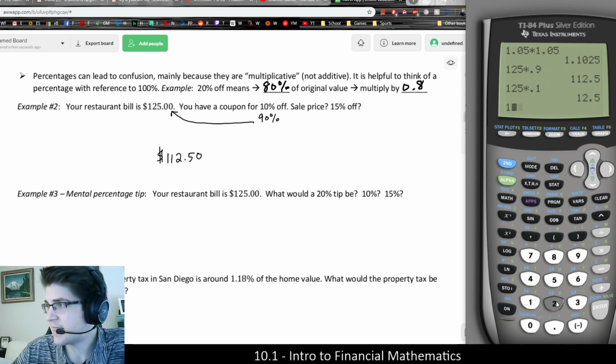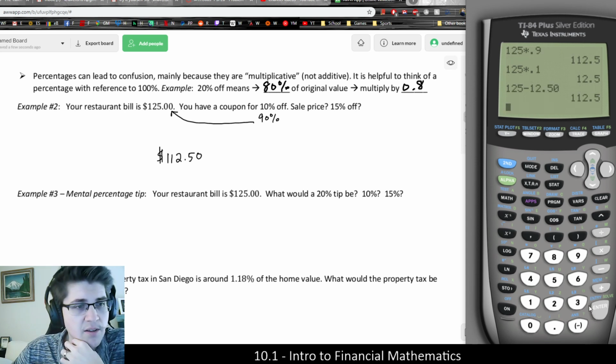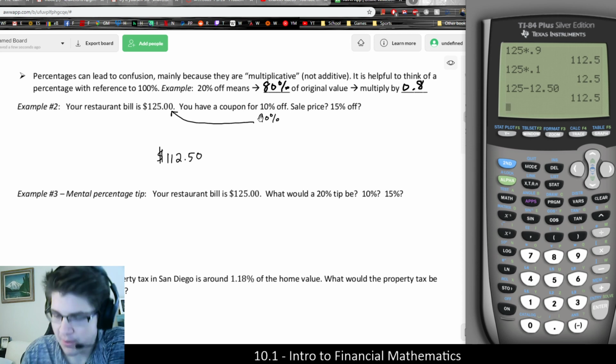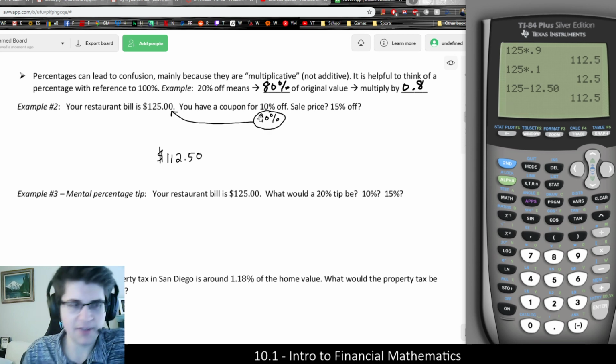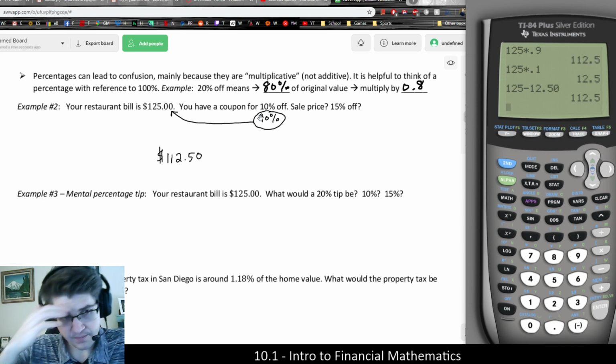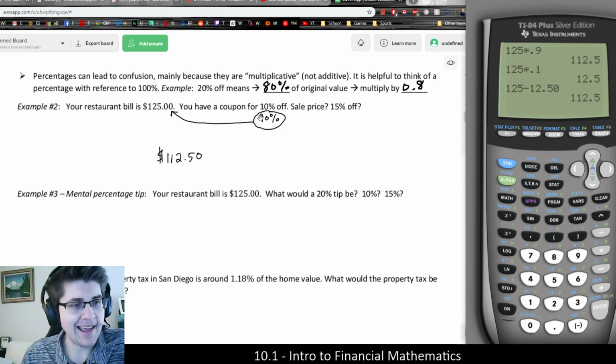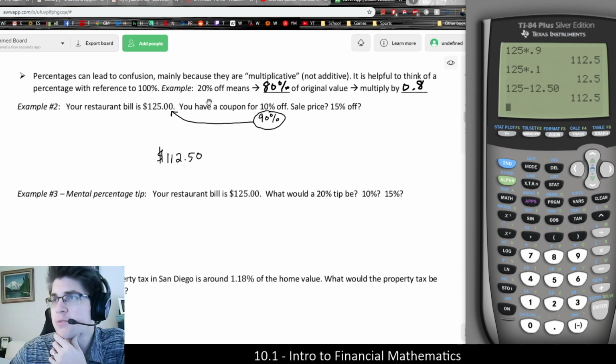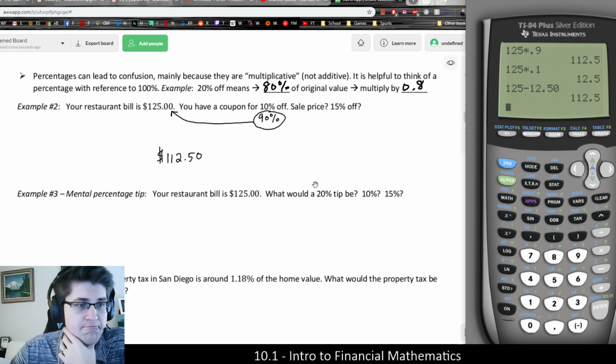So I could then take 125 minus 12.50, and that would give me my new bill, $112.50, the answer. But notice how that was a two-step process, right? I apply 10%, then I subtract it. But that's my point about the 90%. It's one step. If I just directly multiply by 90%, it skips the middle step. And that's something I might use sometimes as a tip.